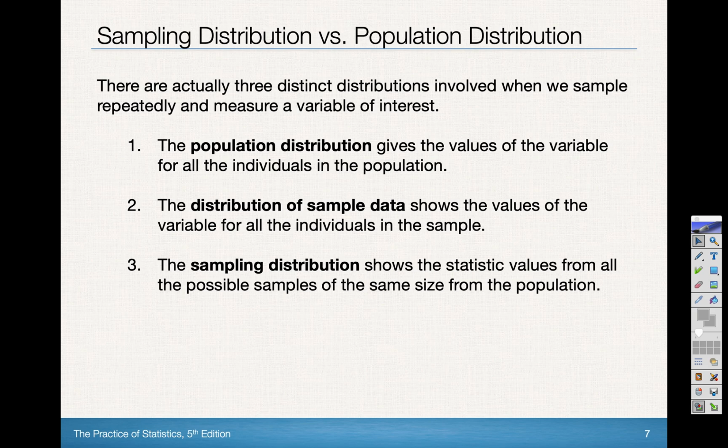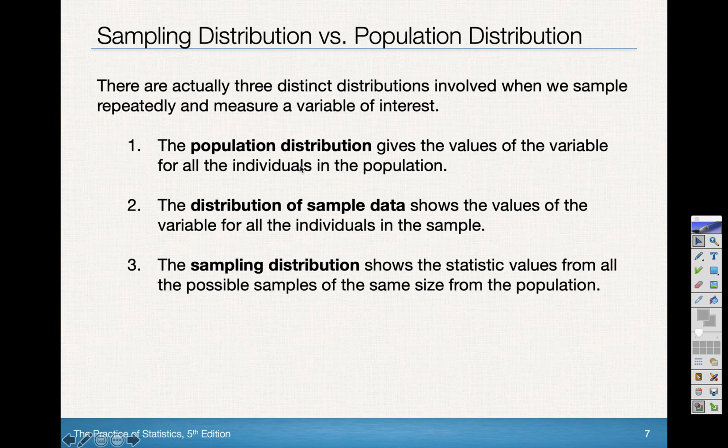Then, a population distribution would be huge. The distribution of sample data is just a distribution of the single sample that we collect. For example, if I collected a random sample of 50 females, then you would only see 50 dots in my distribution of sample data, because every dot would represent an individual, but the individual comes just from my sample.